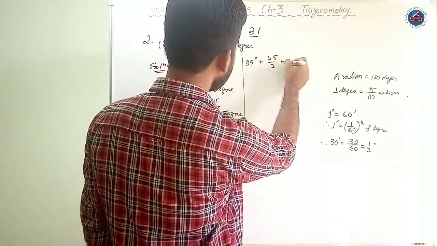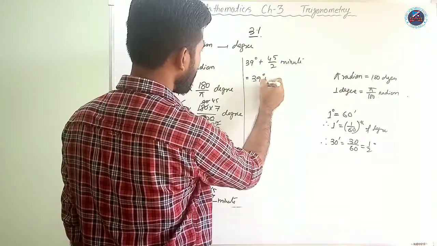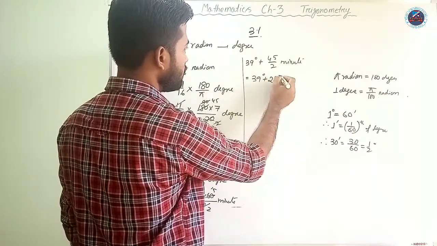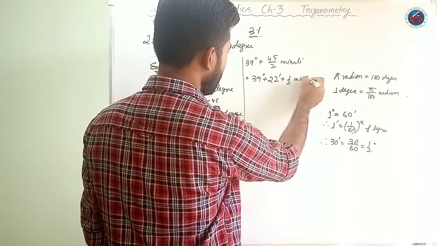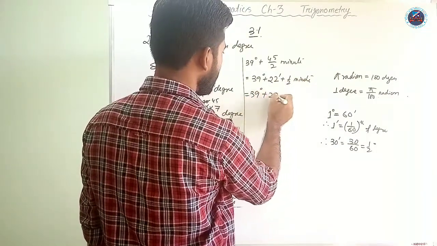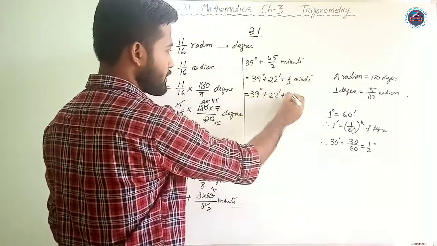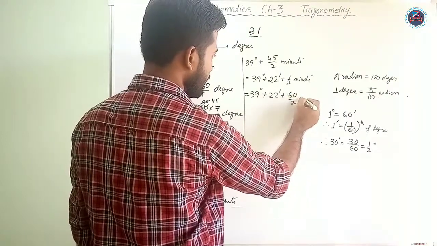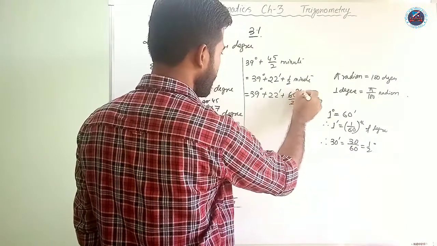by 2 minute, and that will be equal to 39 degree plus, if you divide it, 22 minute plus half minute. So in the next line, 39 degree 22 minute plus half minute, that will be equal to, if you replace 1 minute by 60 seconds, 60 by 2 seconds, so it will be 30 here.